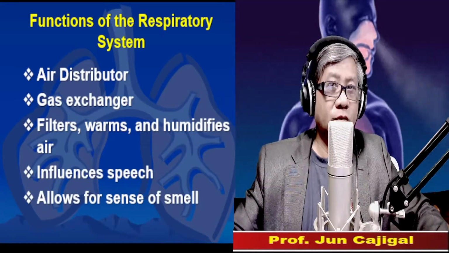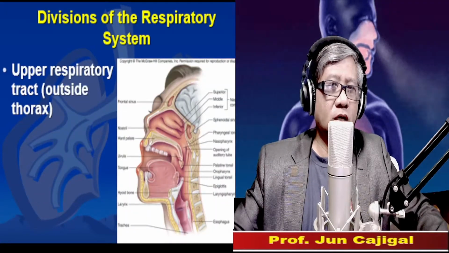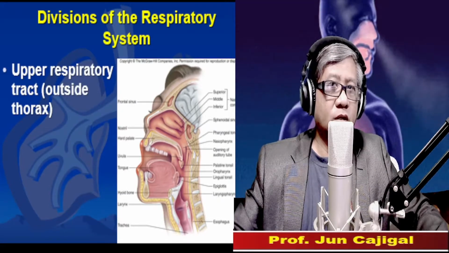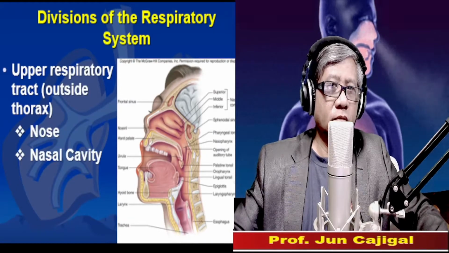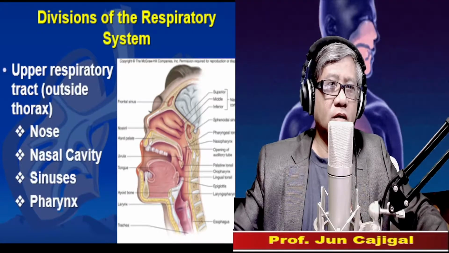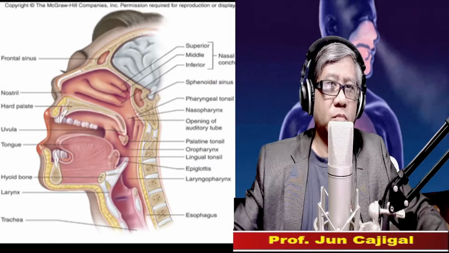Now, our respiratory system is composed of two major divisions. The first is the upper respiratory tract, which is composed of the following: the nose, the nasal cavity, the sinuses, the pharynx, and the larynx. So that's the upper respiratory tract.